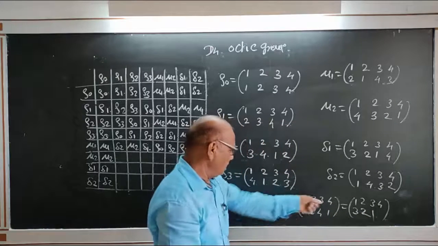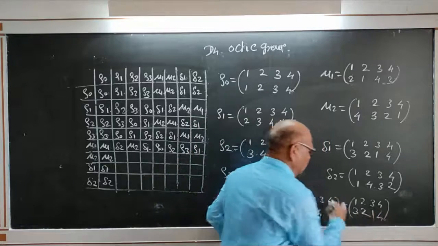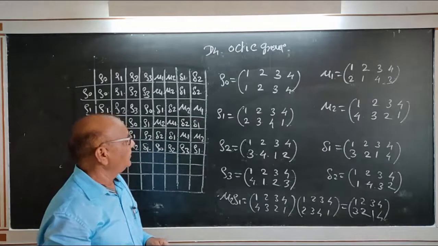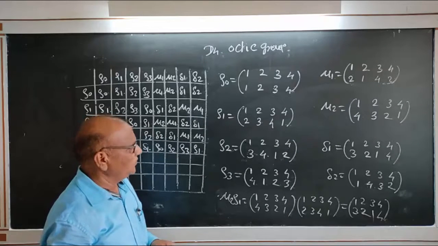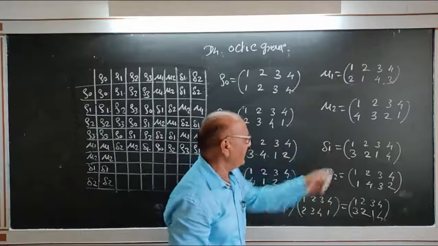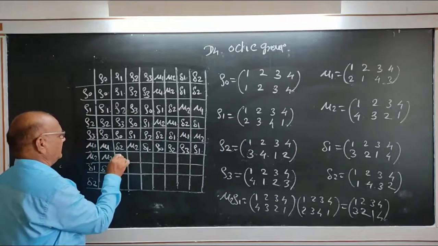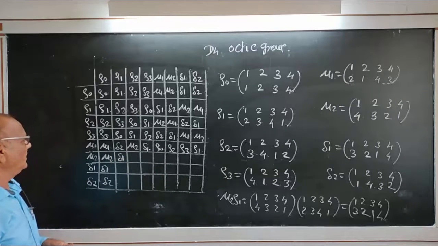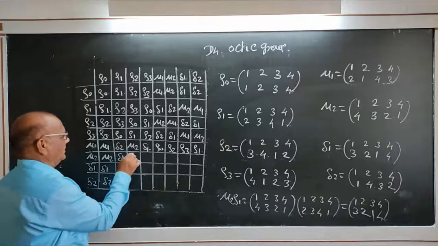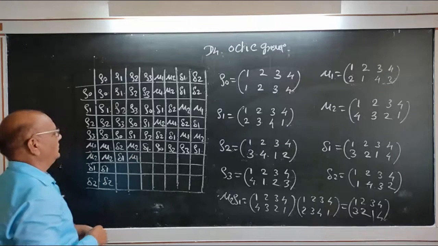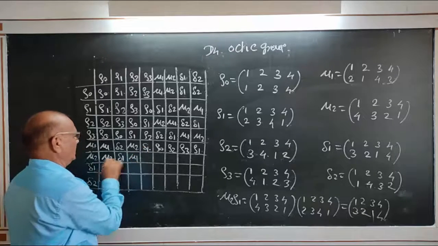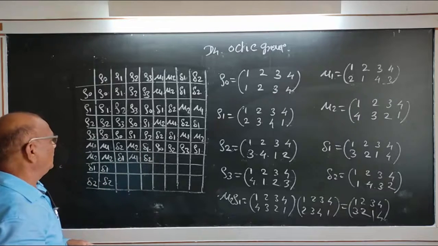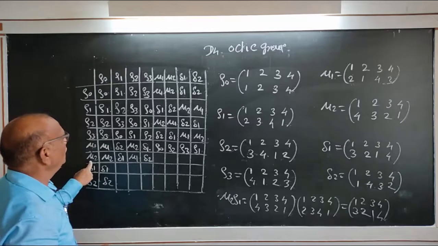And 1 goes to 4. See, 3, 2, 1, 4. Delta 1. Okay. Here mu 1. Here delta 2.